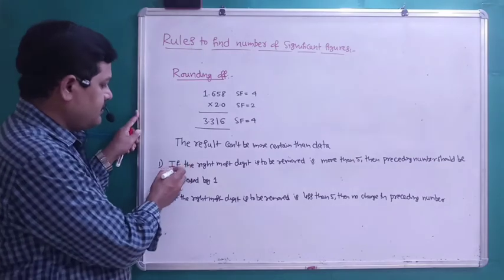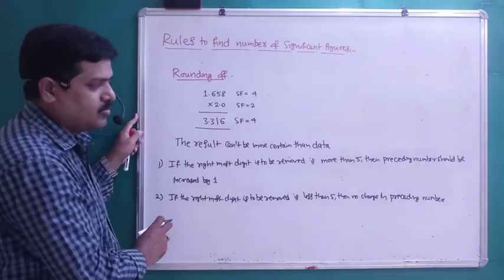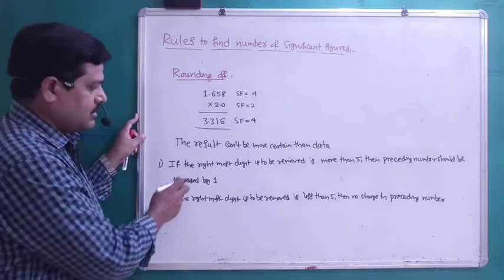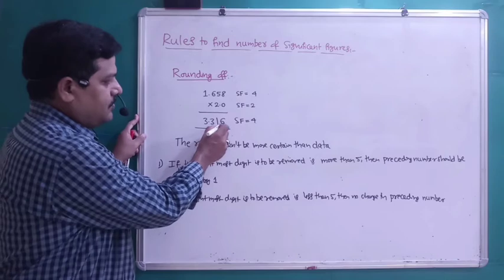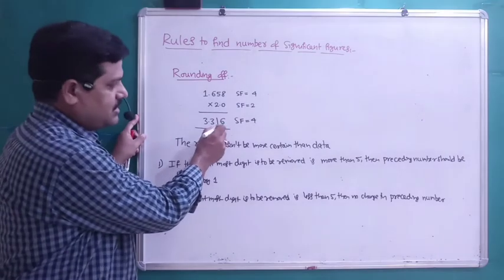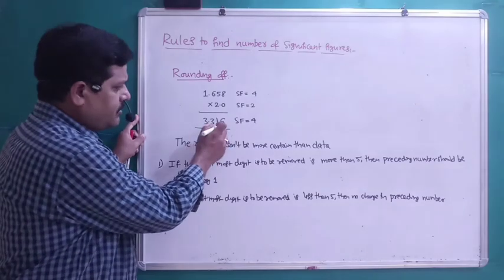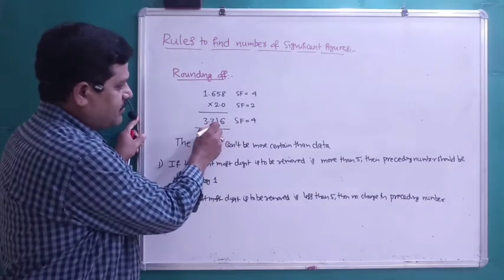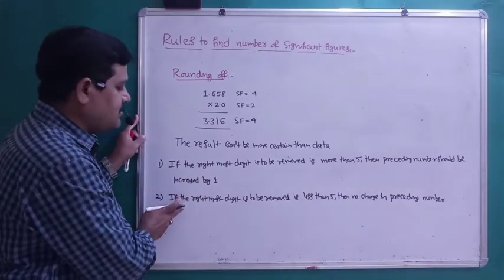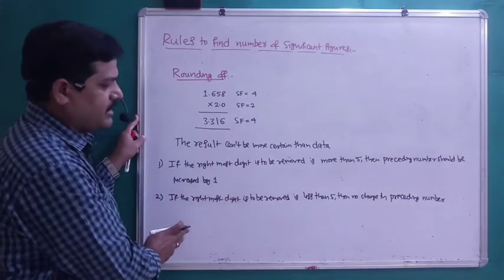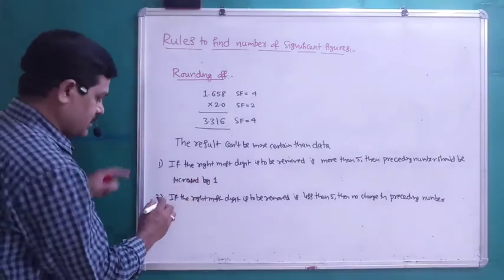Students, if the rightmost digit to be removed is more than 5, then the preceding number should be increased by 1. Here, if we want to remove the rightmost digit, 6 is greater than 5, then the preceding number should be increased by 1. If the rightmost digit to be removed is less than 5, there is no change in the preceding number.